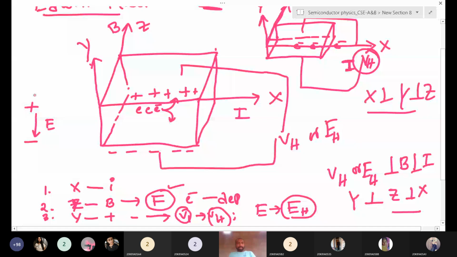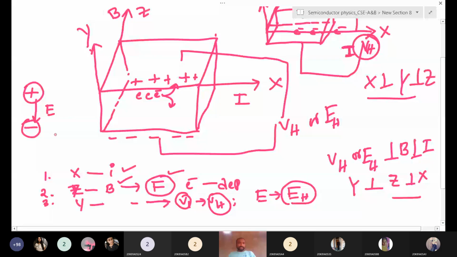Electric field means that if a plus charge is there, there is an electric field. You can also write voltage: V is equal to E times d.